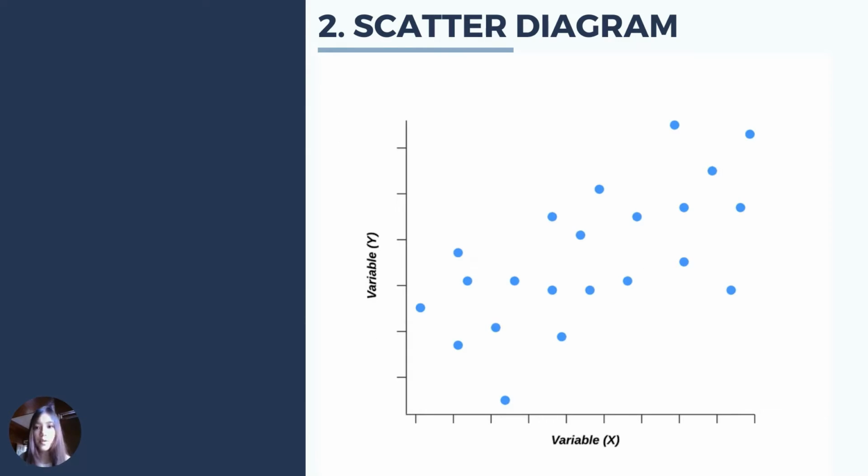Out of the 7 quality tools, the scatter diagram is most useful in depicting the relationship between two variables, which is ideal for quality assurance professionals trying to identify cause and effect relationships.